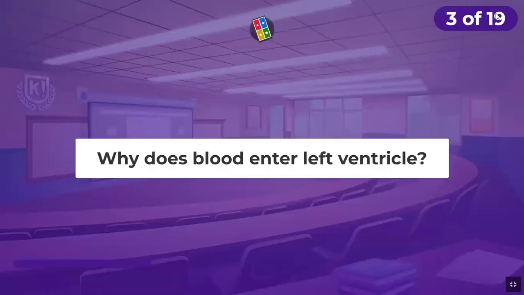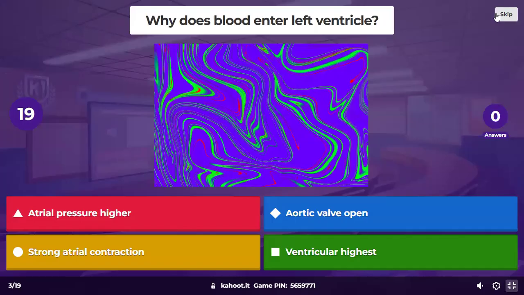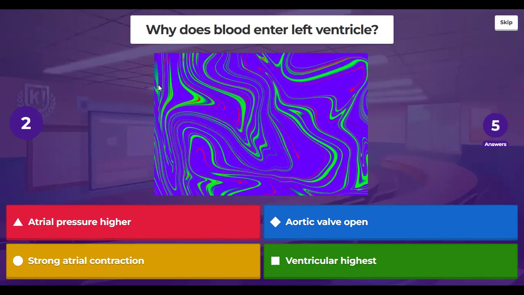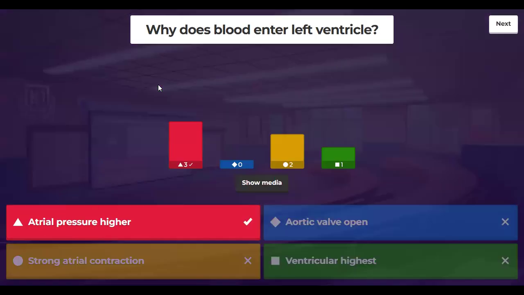All right, number 3. Why does blood enter the left ventricle? Is it because atrial pressure is higher, aortic valve is open, strong atrial contraction, or ventricle highest? All right. Atrial pressure higher. That makes sense.